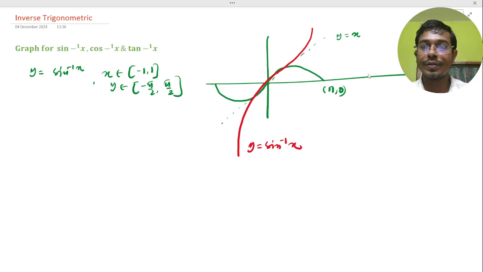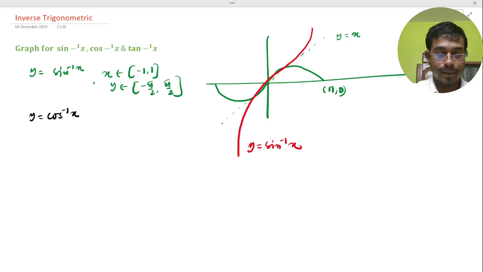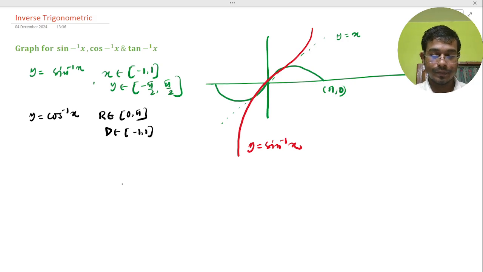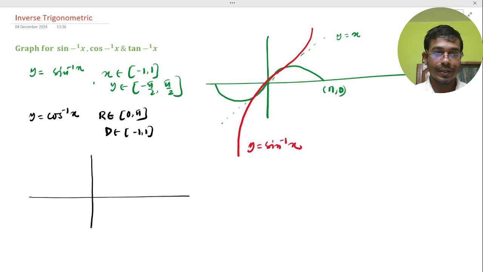The second one is y equal to cos inverse x. For cos inverse x, the range is 0 to pi and the domain is minus 1 to 1. You know the graph of cos x is like that. We have chosen another quadrant, similar.